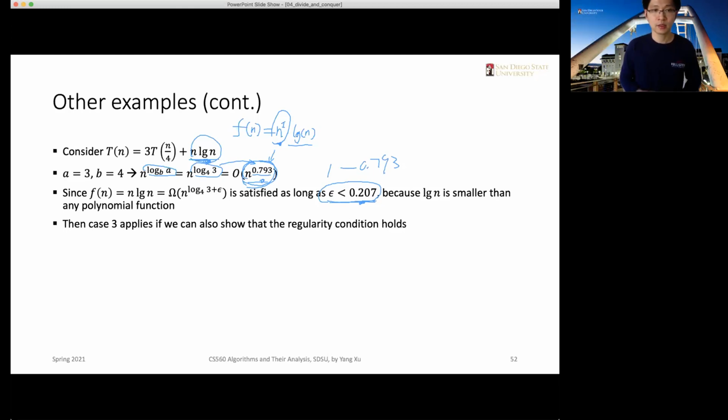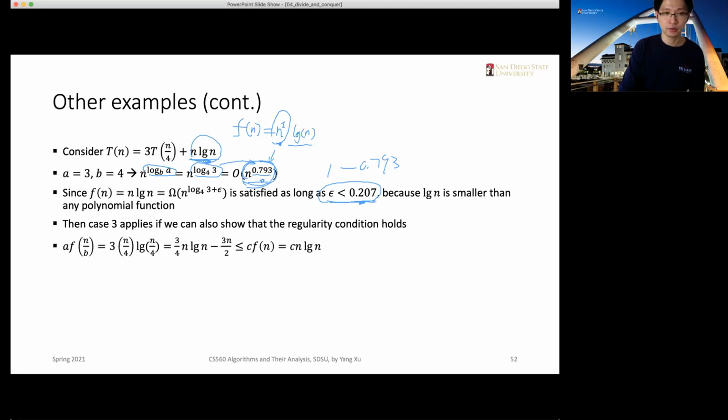Okay, and also we can show the regularity condition also holds. The regularity condition says that we want a times f of n over b, which is 3 times this one, should be bounded by c times f of n, which is c times n logarithm of n.